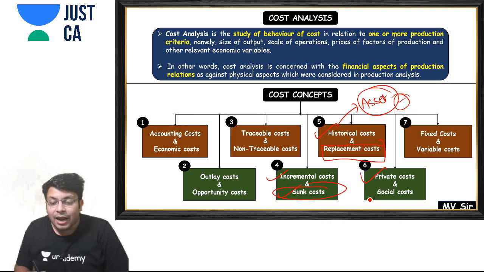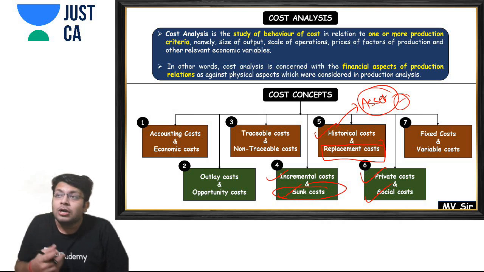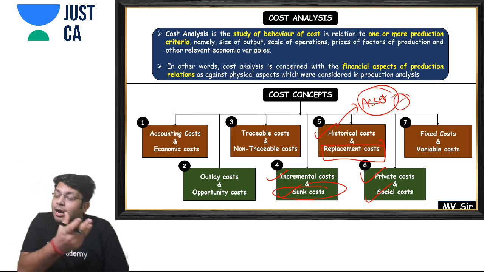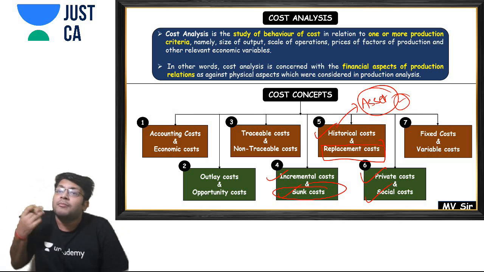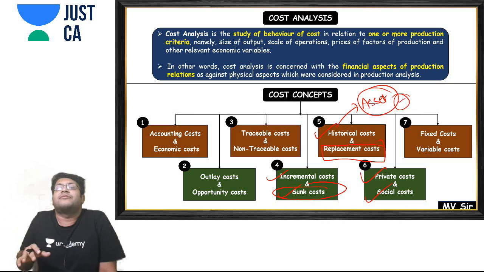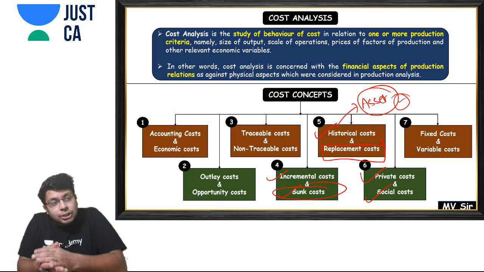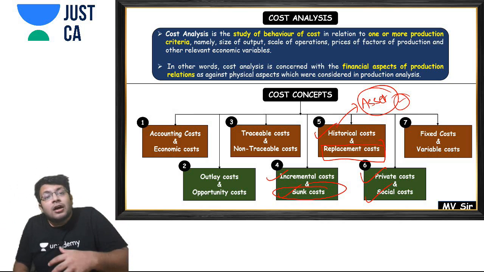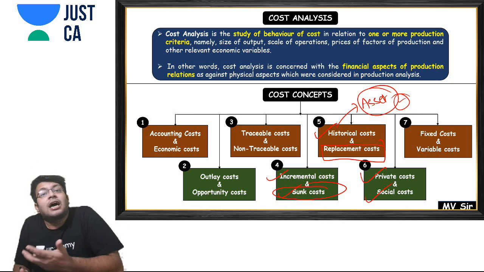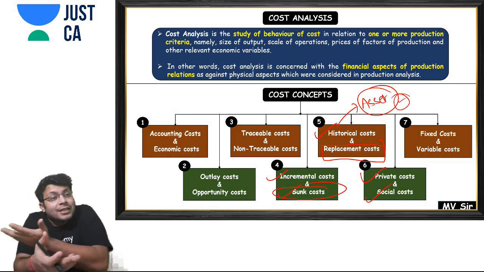Then there is something called private cost and social cost. Private costs are all the costs which a firm incurs for itself. And social costs are costs which are borne by the whole society.